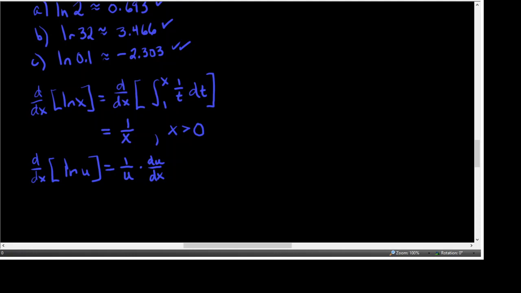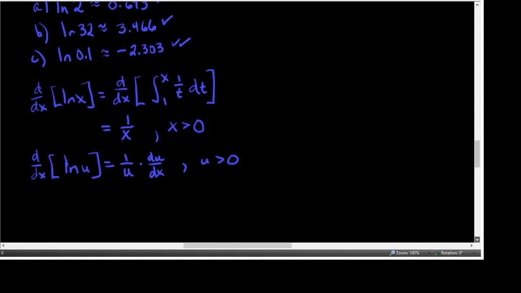So when you're taking the derivative of the natural log of something, the answer is 1 over that something times the derivative of that something. And that something can only be positive, again, because the natural logarithm of a negative or 0 value has no meaning.